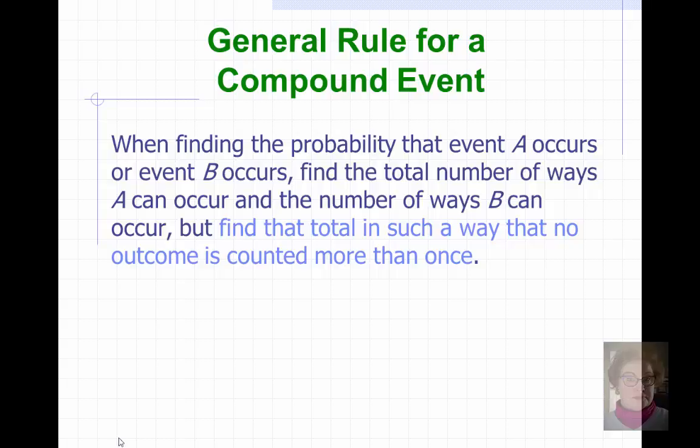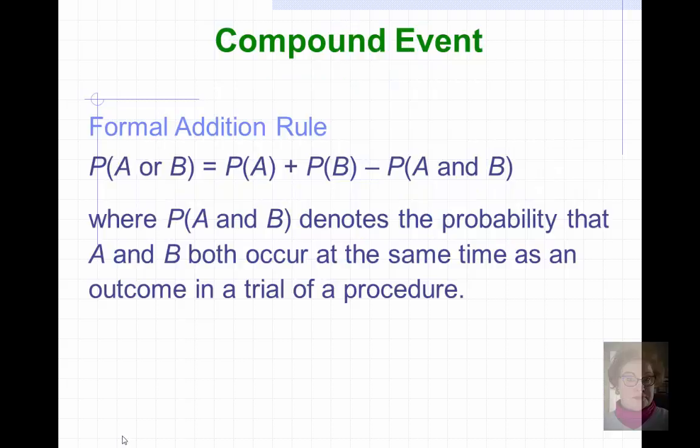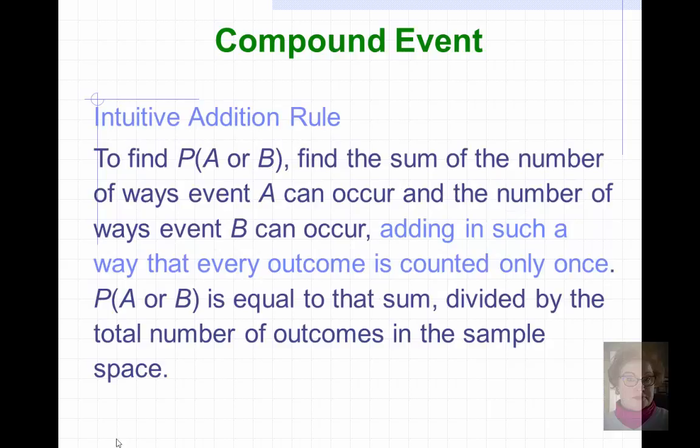So what's going to happen is we find the probability of A, we find the probability of B, but we have to subtract the probability that both A and B will happen, because what that means is we're counting them twice. So again, intuitively we're going to add them in a way that every outcome is counted only once.